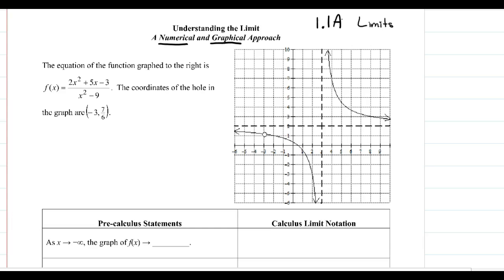And in this part, we're really going to cover for the first time the numerical and graphical approach to limits. A couple of things to look at in this particular function that we see graphed here. Some things that you may have learned in a previous math course are that we can connect this function to this graph in several ways.